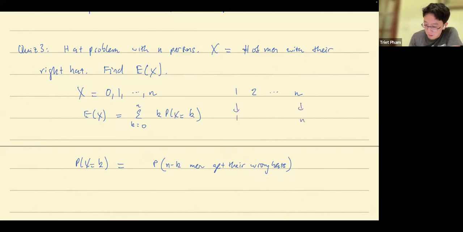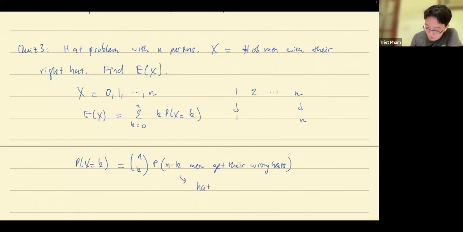If exactly 2 people get the right hats, then the remaining n minus 2 people must get the wrong hats. So we choose n choose k, choosing which ones get the right hats, and the remaining must get the wrong hats. We have worked out a general expression for n people getting the wrong hats, so this is just n minus k, the same expression.